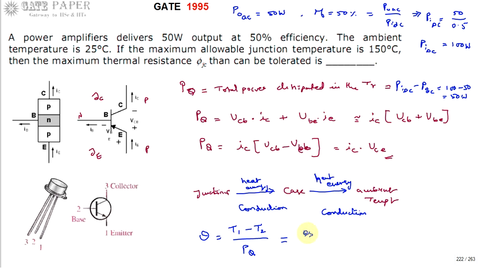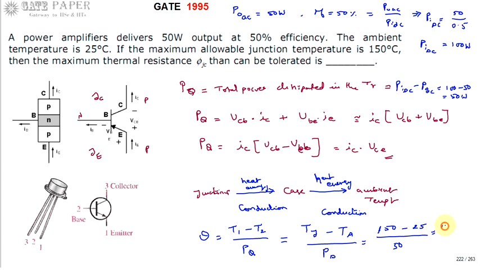We write T1 and T2 in terms of actual quantities. T1 is the junction temperature, Tj, and T2 is the ambient temperature, divided by the power dissipated. The junction temperature is 150 and the ambient temperature is 25 degrees centigrade, divided by 50.